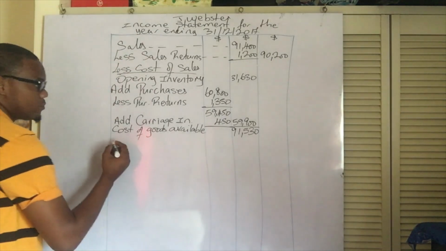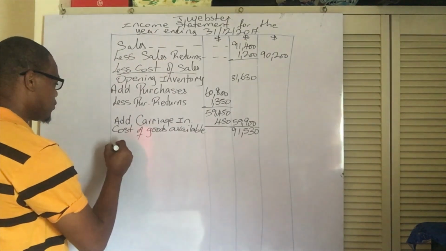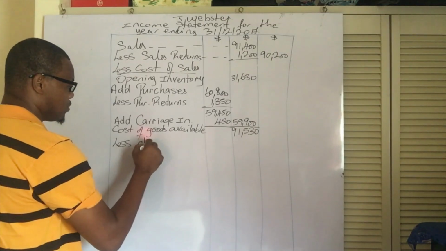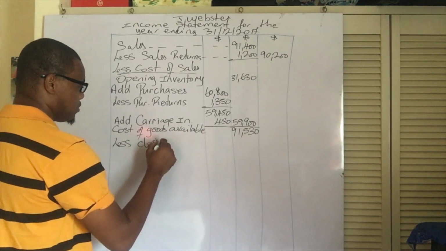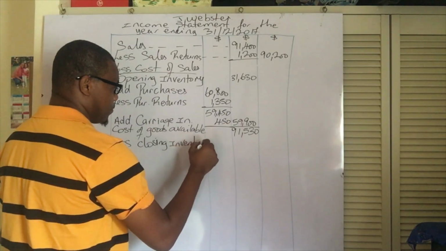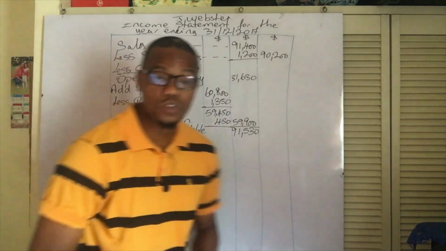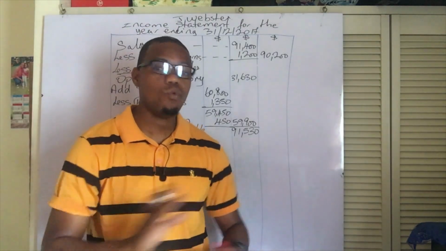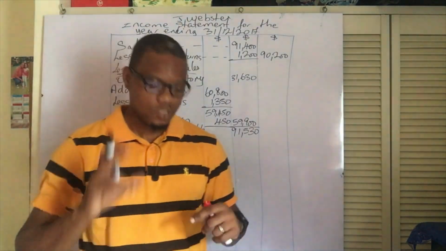All right, and then now we are going to subtract our closing stock. So less closing inventory. Our closing inventory, closing stock, is always located outside the trial balance, for the most part. So pay attention to that.